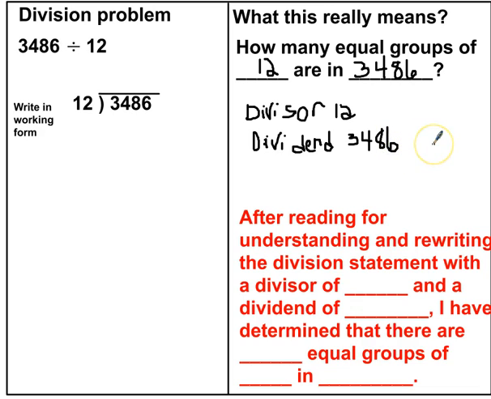Okay, now at this point, I want you to take out your math notebook and copy down the division problem, the expression here. Write it in working form, and write this much of the right side in your math notebook. So this restatement: how many equal groups of 12 are in 3,486?